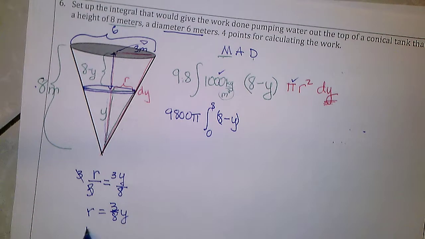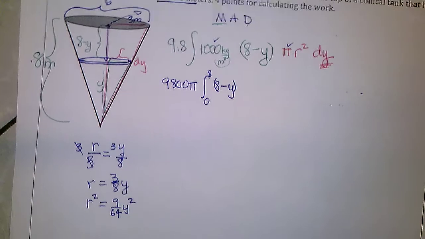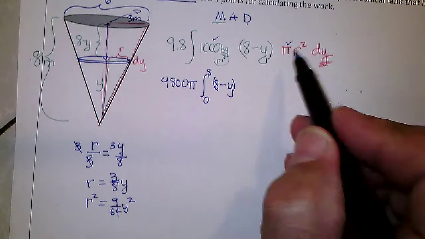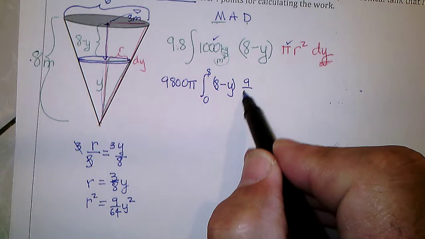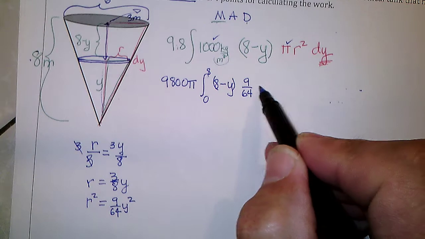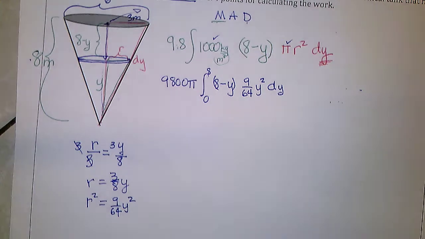So r squared would be 9/64 y squared. So that's what I'm going to put in for r squared. 9/64 y squared dy. Now I have it set up for integrating.